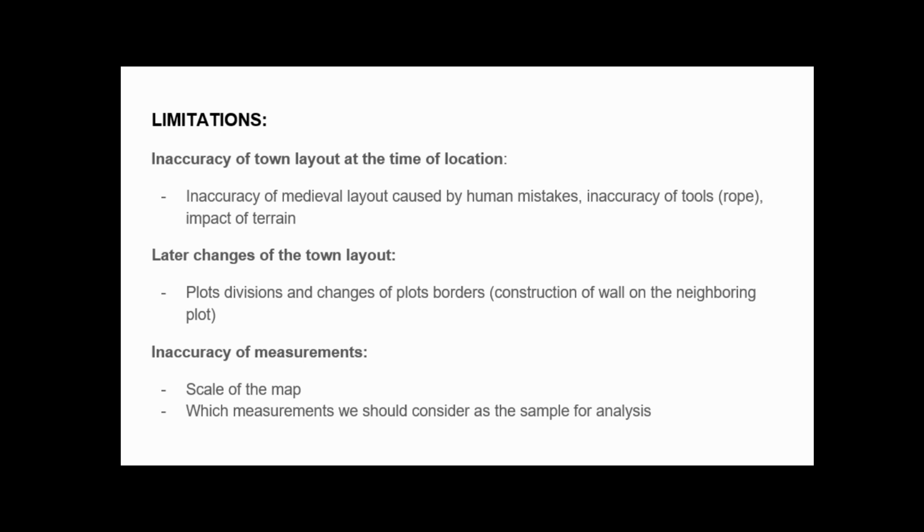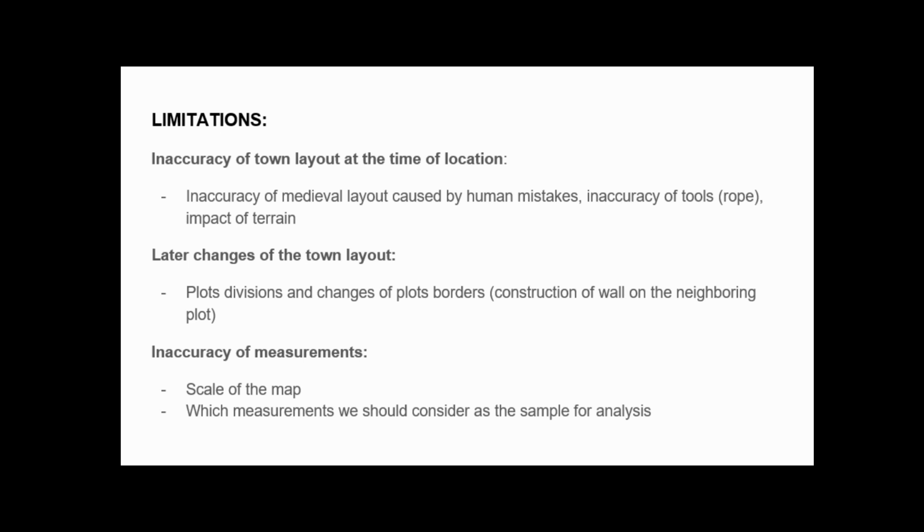And of course the tools which they used, like a rope, are not very fixed tools, and there is the impact of the terrain, and sometimes they may have used not regular measurements but fitted to the terrain. And of course, there were later changes in the town layout.